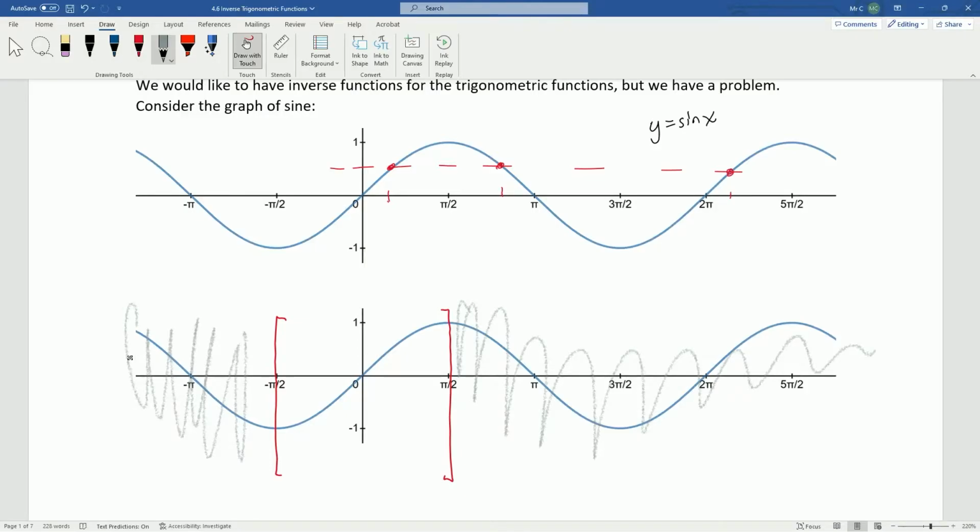If we're only looking at this graph that we've restricted between negative pi over 2 and pi over 2, we should ask ourselves, is this graph one-to-one? And surely it is. Each of these y values along our blue graph is only reached by one of the inputs between negative pi over 2 and pi over 2.